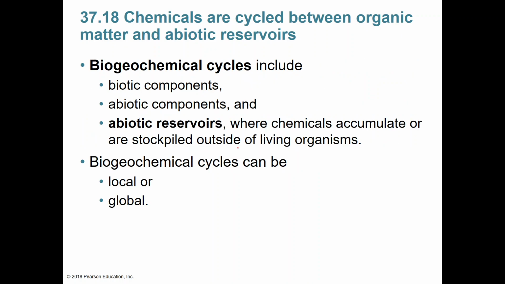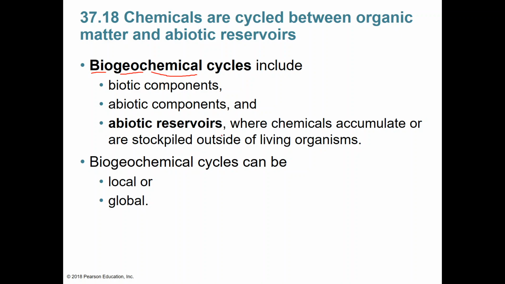So we're going to talk about biogeochemical cycles. If we break down this word, bio is the living part, geo is the geological aspect of these cycles, and the chemicals that are involved in these cycles. So because we have bio, geo, and chemical components to these cycles, we have both living components and non-living components, so abiotic components.